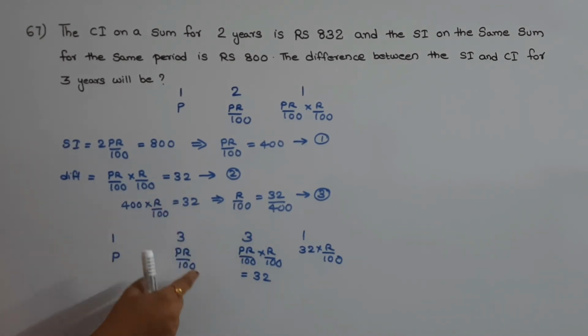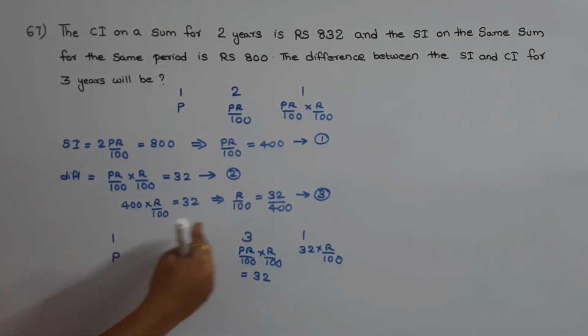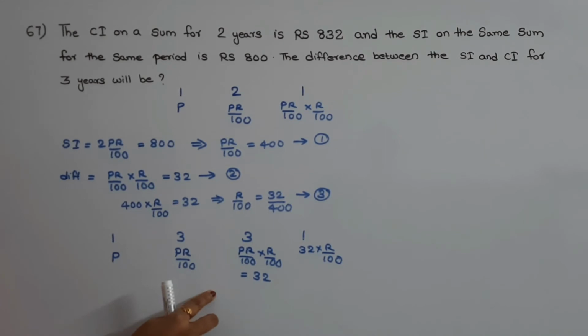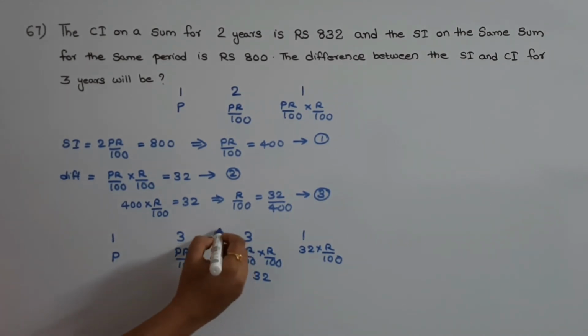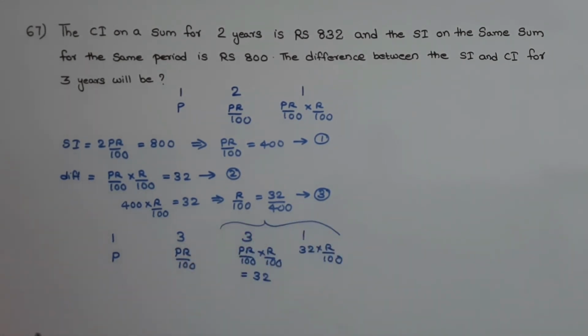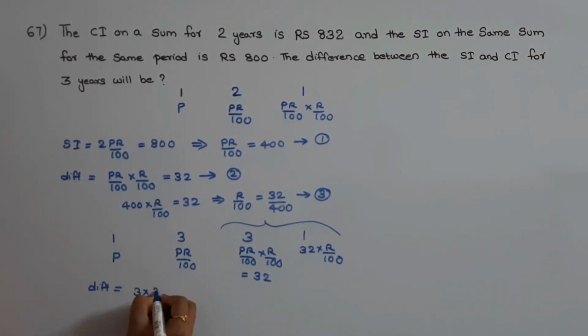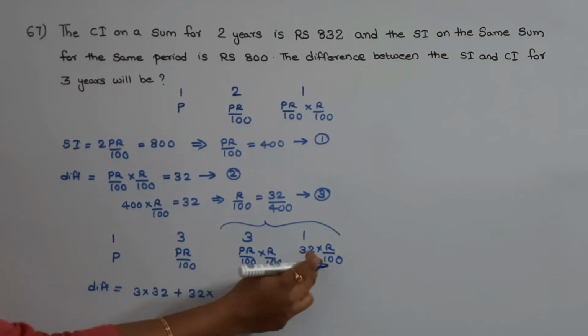So this is for simple interest and this entire part is for compound interest. So what will be the difference? This part will be the difference. Hence the difference between simple interest and compound interest will be equal to 3 into 32 plus 1 into 32 into R by 100.